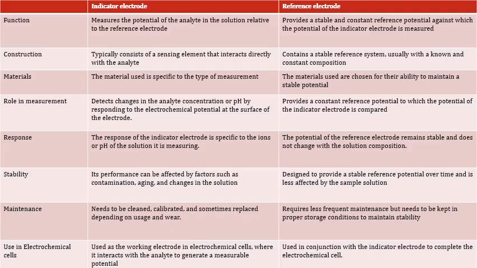When we talk about construction, the indicator electrode typically consists of sensing elements that interact directly with the analyte. For instance, a glass electrode has a glass membrane that is sensitive to hydrogen ions, that is the pH, while an ion selective electrode contains a membrane selective to particular ions.